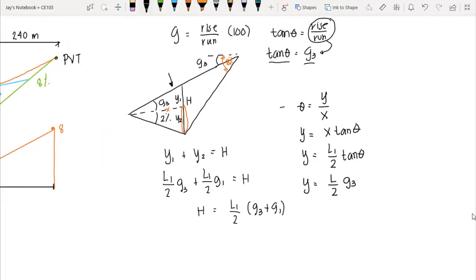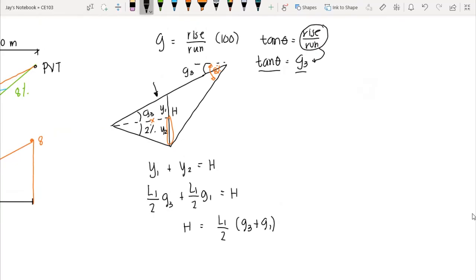But on the PVT side, we have our H is equal to, now if we let this height as y3, okay, and we let this height here as y2, so therefore we can say that H is equal to y3 minus y2, correct?